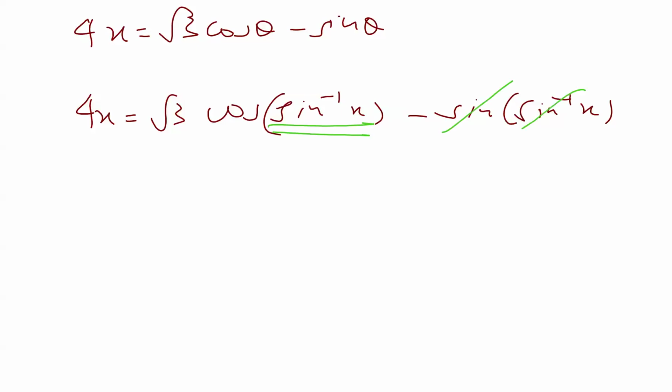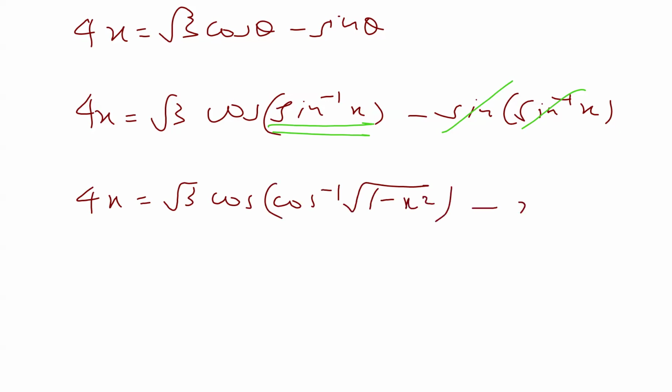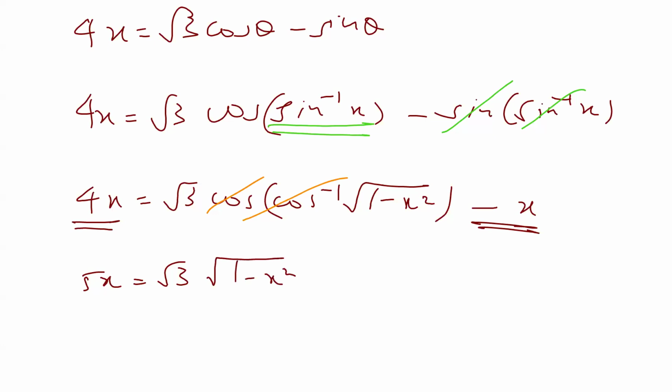This cos of sine inverse I'll write as cos inverse of root 1 minus x square, minus x. So this 4x minus x, that is going to be 5x on the left hand side because it will add up. Root 3, this also will get cancelled. We'll be left with root of 1 minus x square.